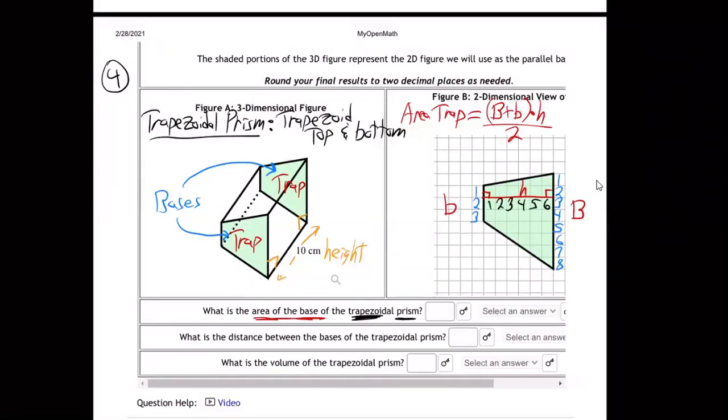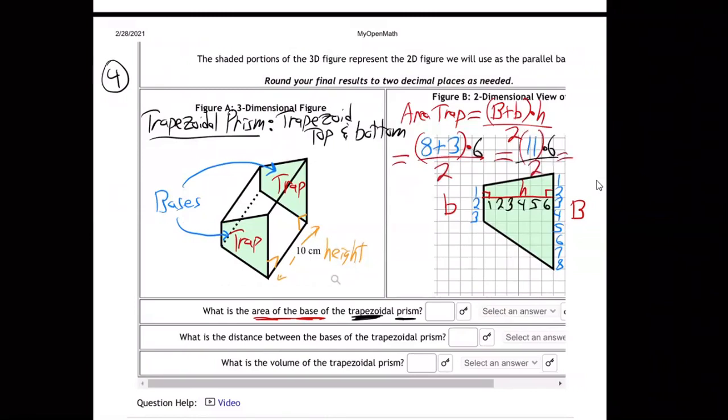So what's the area of the trapezoid? It's going to be the big B, which is 8, plus the little b, which is 3, times the height, which is 6, divided by 2. And so that equals what? 11 times 6 divided by 2.